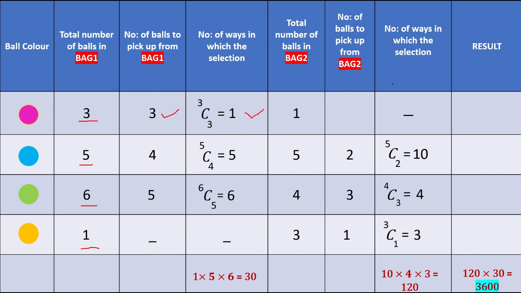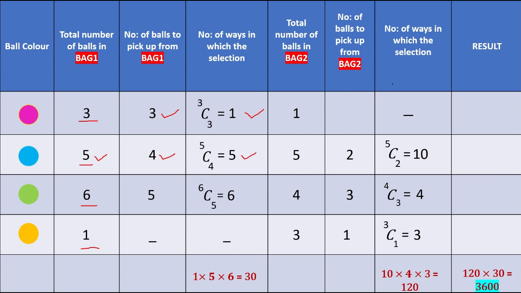And for blue balls, there are a total of 5 of them, and the number of blue balls to pick up from bag 1 is 4. Number of ways the selection can be done is 5C4, that is equal to 5.